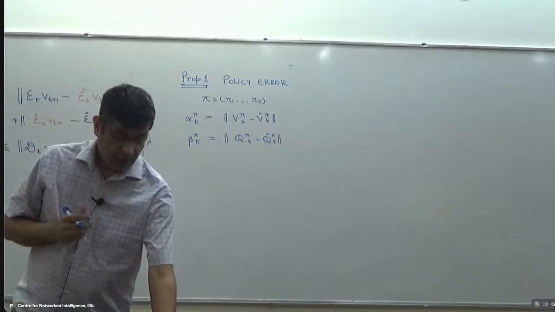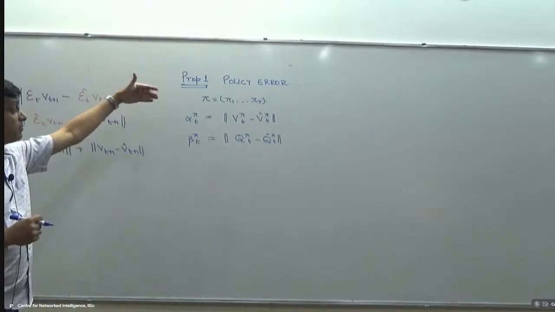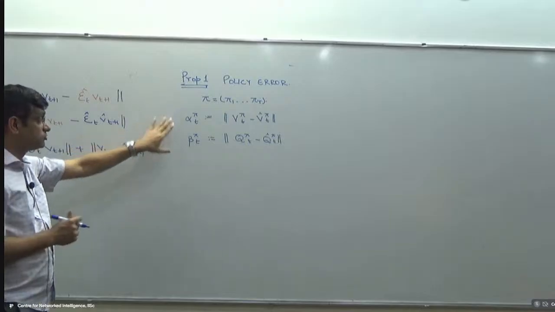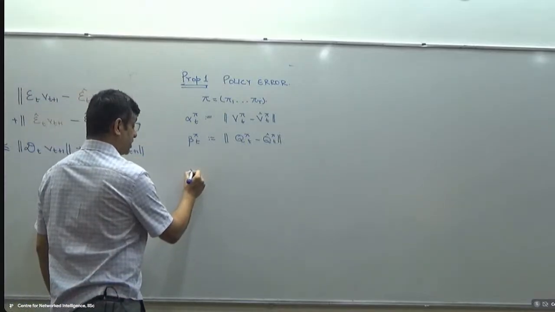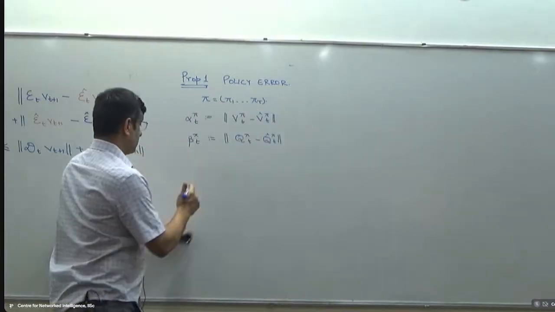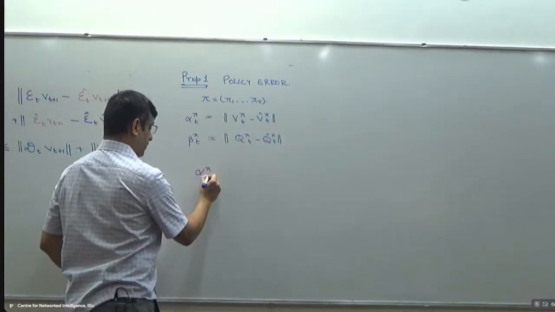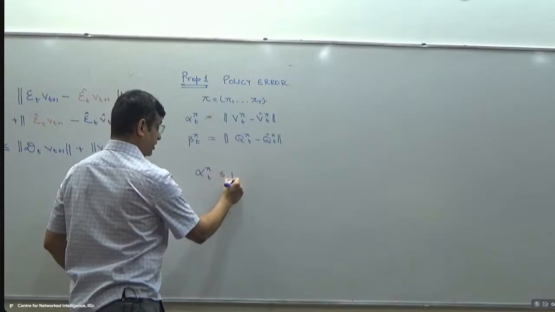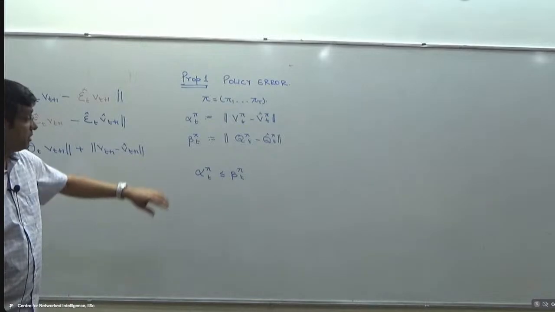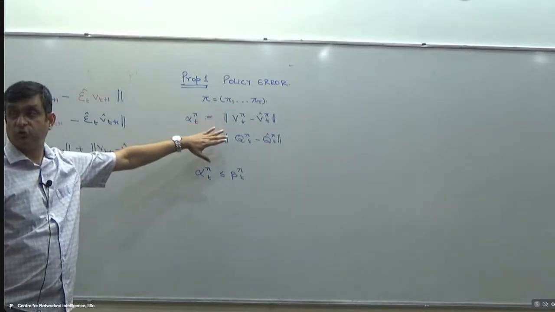And from the fact that the action evaluation operator was non-expansive, I immediately get that alpha pi t is less than or equal to beta pi t. This is an immediate implication that T pi was non-expansive.